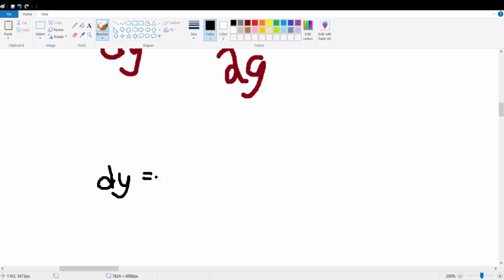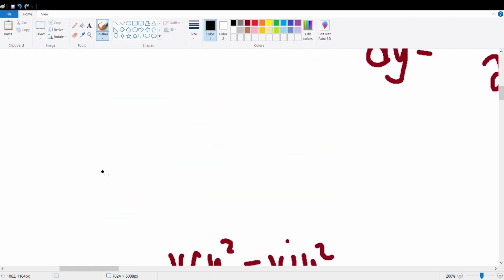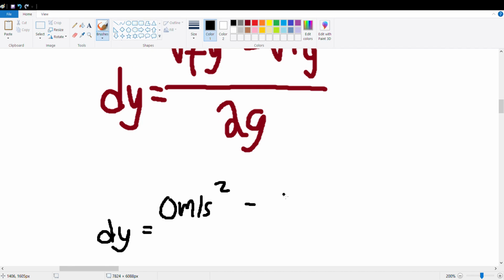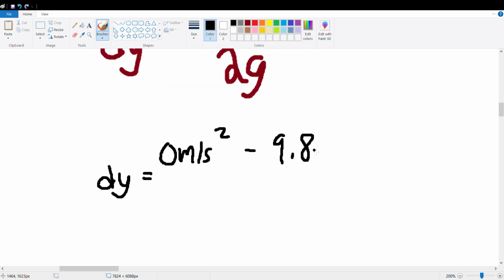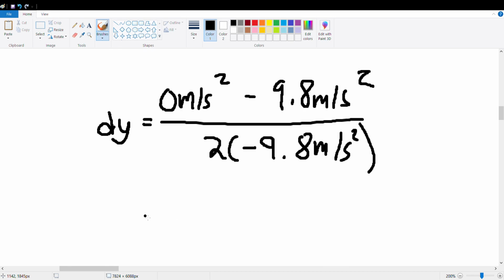Dy equals 0 meters per second again, because we're trying to find the half time, and VIY is 9.8 meters per second squared, over 2 times negative 9.8 meters per second squared, and then that will basically be 4.9 meters.